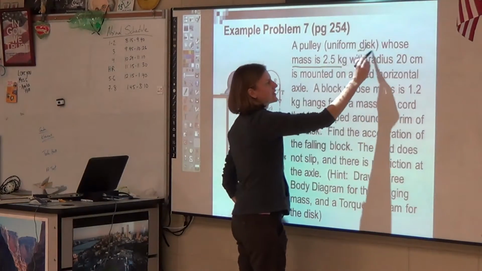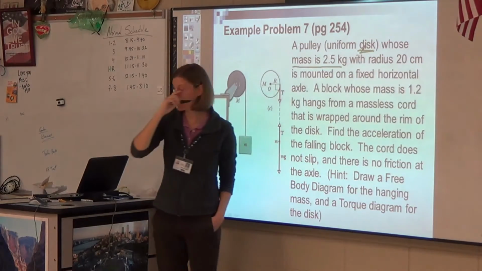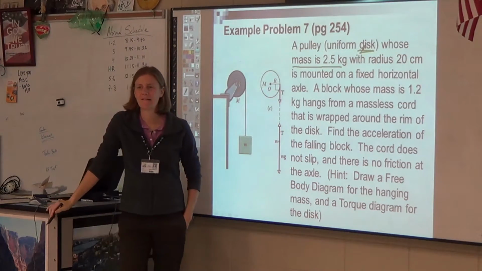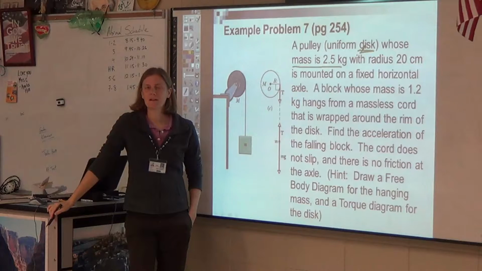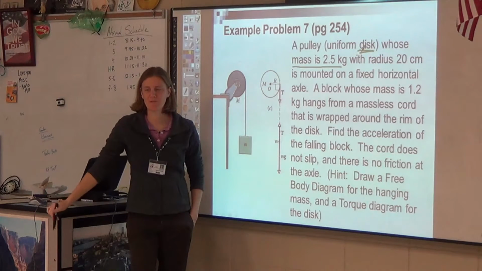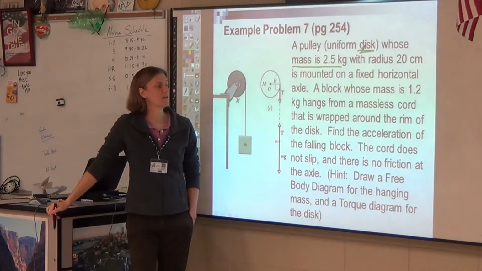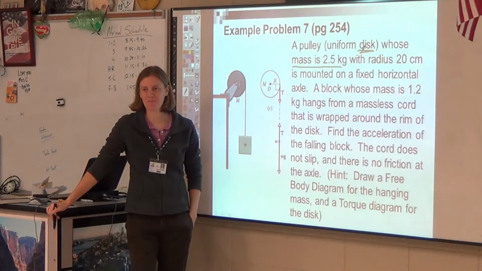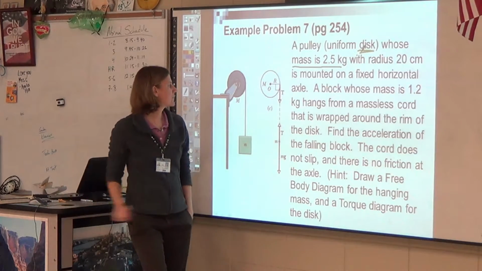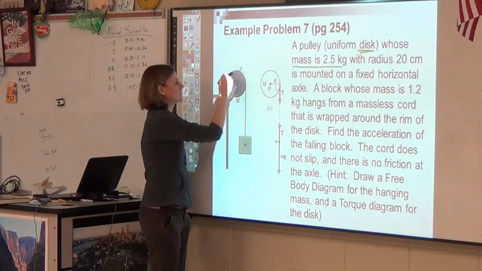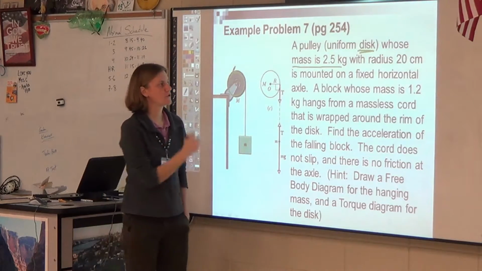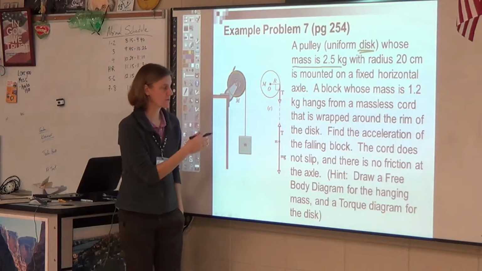And they went out of their way to tell you it's a disk, which should make you think what? Yeah, the formula's from that page in the book. The moment of inertia for a disk, which would be 1/2 mr squared. No, not the hoop. This is going to be a solid object. We're assuming it's a disk, and that would be like error if this were a lab.